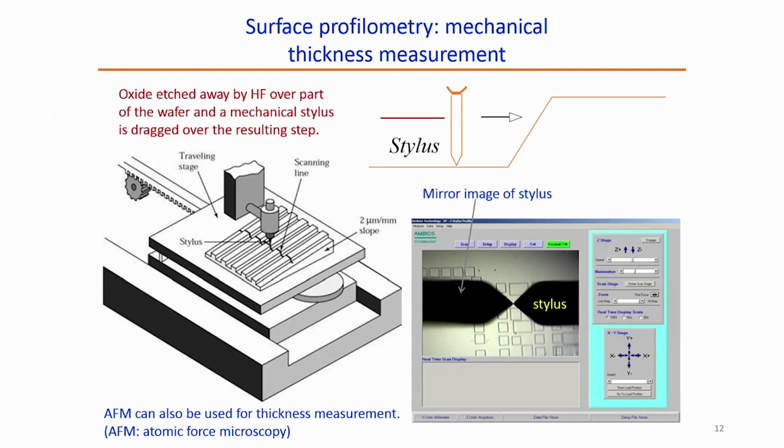However, we need to perform a process before we can use the stylus to measure the thickness. What is this process? Let us see here. Let us say this is a wafer and we have oxide.